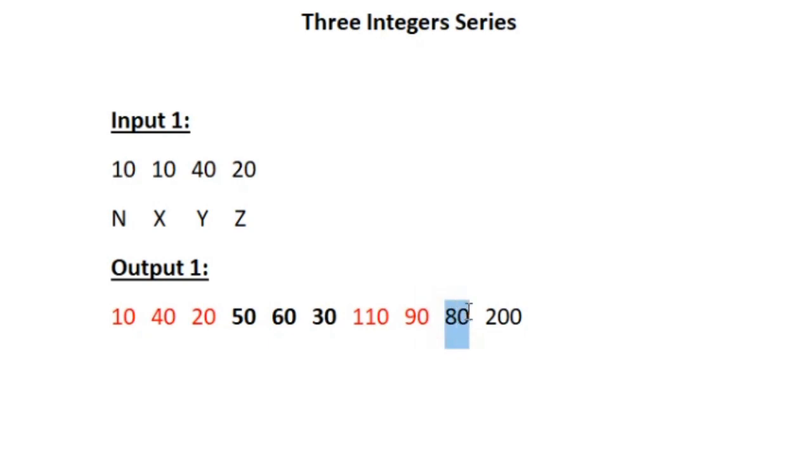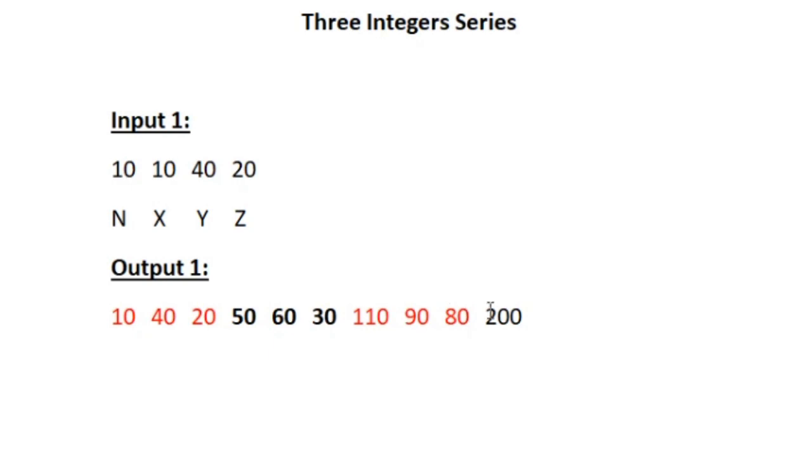The third integer is the sum of the first and third, so 50 plus 30 is equal to 80. So using the integers 50, 60, and 30, again we have formed 3 more integers.